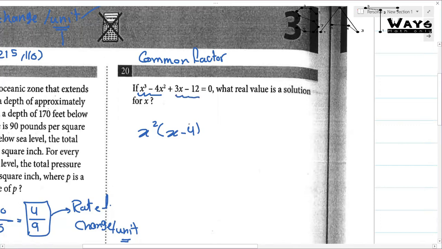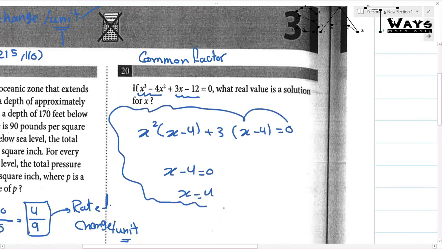We're gonna take a common factor, which is 3. And here we are, it's x minus 4 also. Now we have x minus 4, so obviously the answer is x minus 4 equals 0, which means x equals 4. So when we have in SAT a question like this, we are just thinking about the common factor between the first two terms and the last two terms, and then we're gonna get something like this. Solve it, you will get x equal to 4, and this is it.